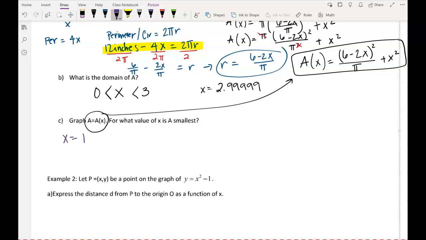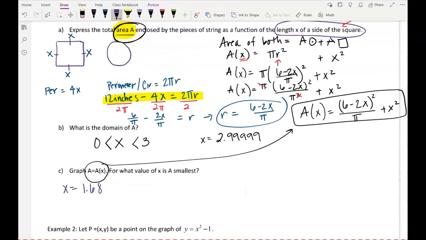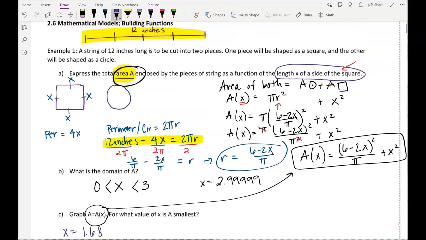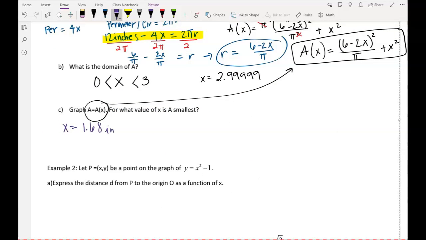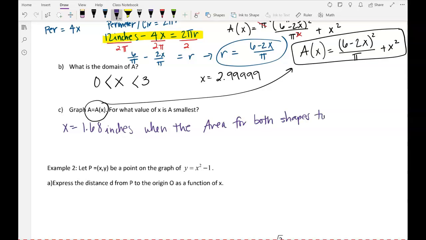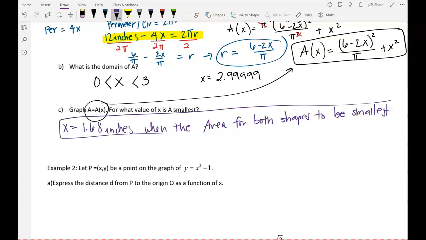x equals 1.68, and I think the original unit would be inches, when the area for both shapes is smallest. Now on the exam, I might also ask you what is the smallest combined area.